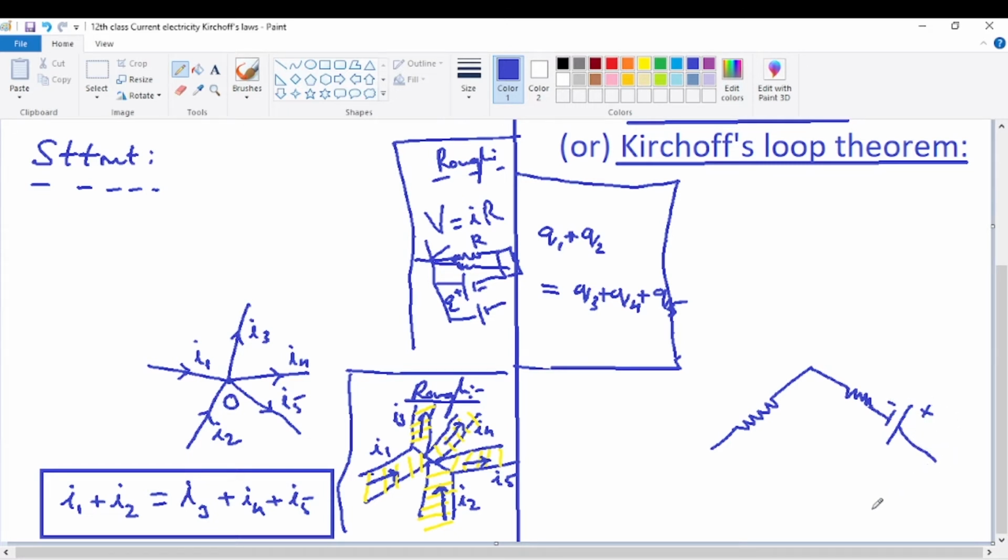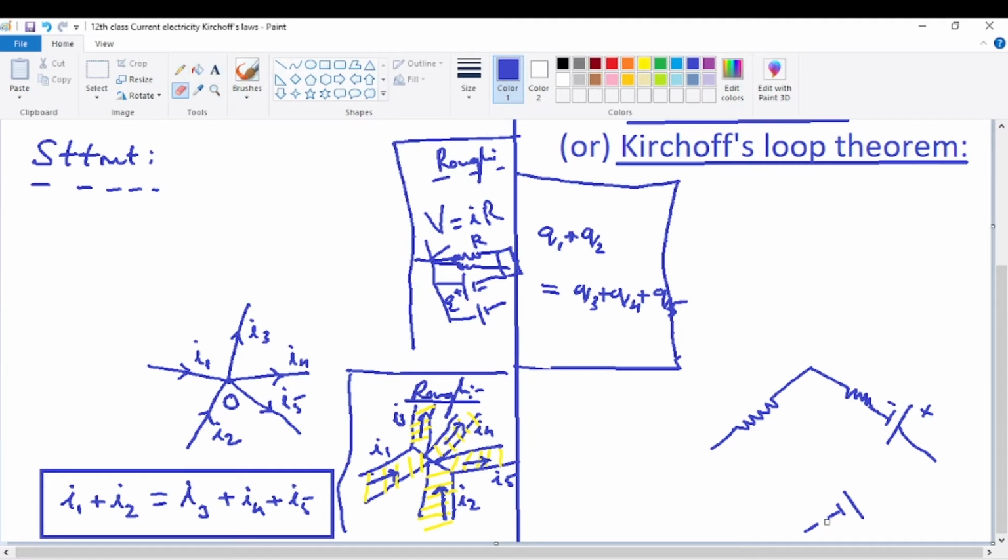So next again I'm taking another cell combined with a resistor, say.